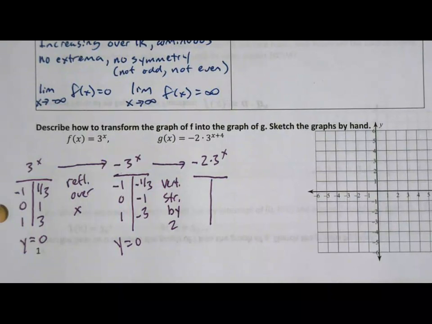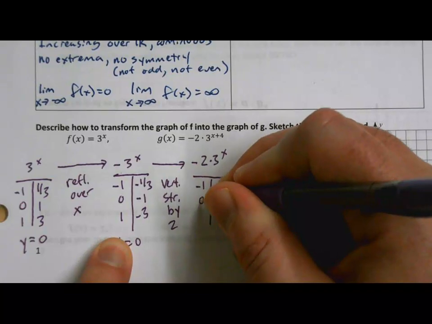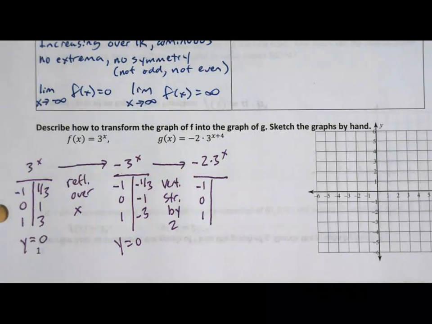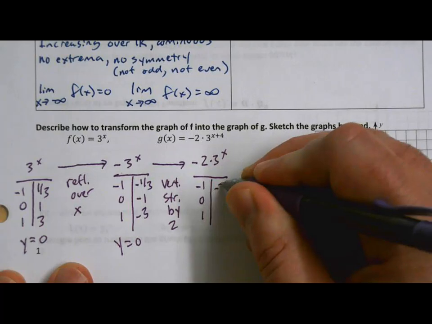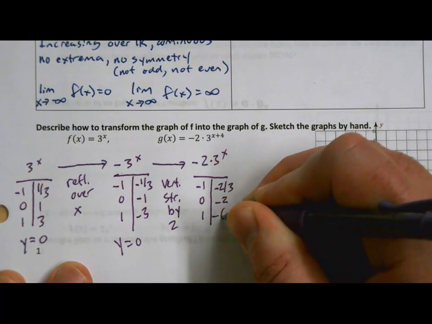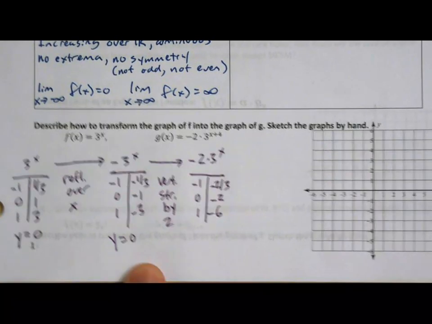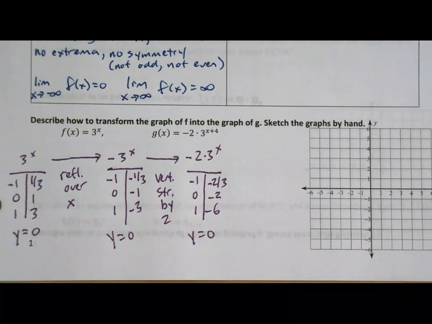Vertical stretch is going to change my x or my y coordinates? Y coordinates are going to change. So x's stay the same. All my y values are going to be multiplied by 2. Including this 0. But that didn't change anything.